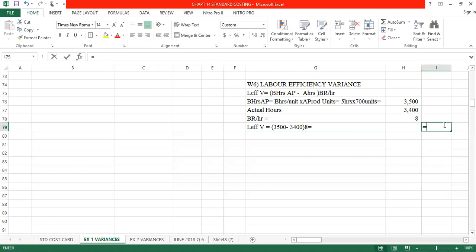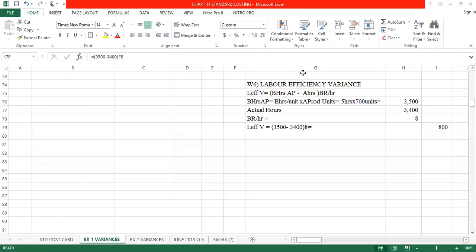So what do we get? 3,500 minus 3,400, everything times 8. So what do we get? 800. Somebody help me, is it F or A? We had budgeted to use 3,500 hours. We used less. Is it F or A? F. Thank you.